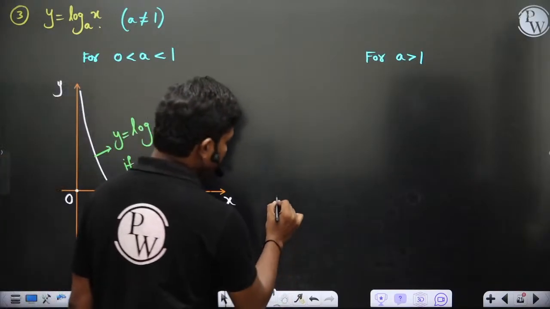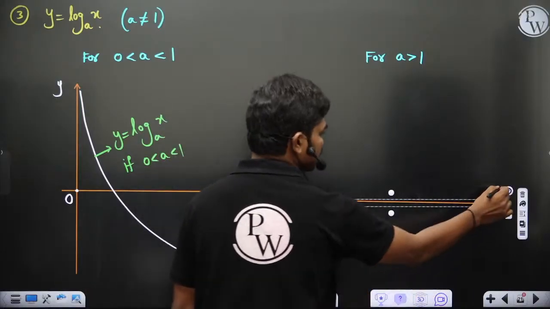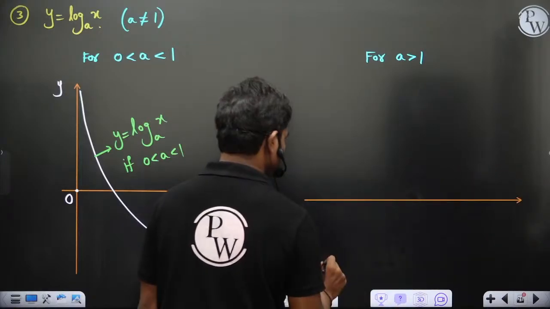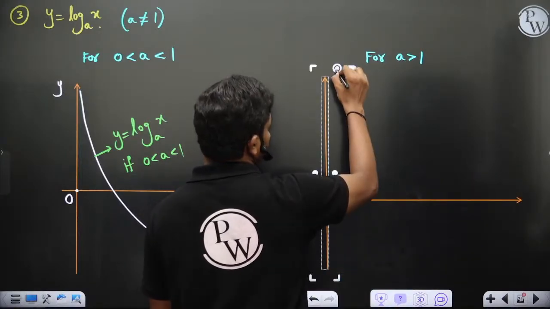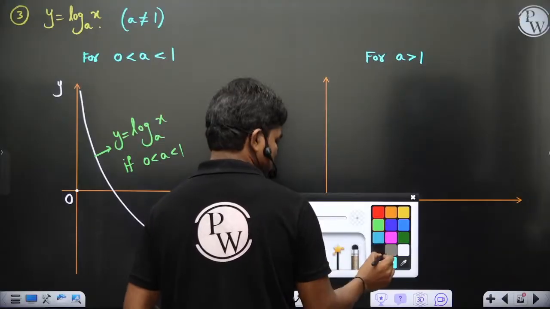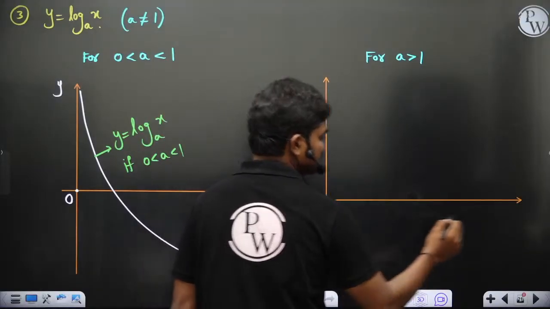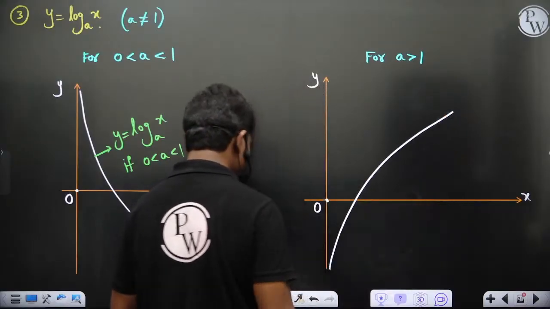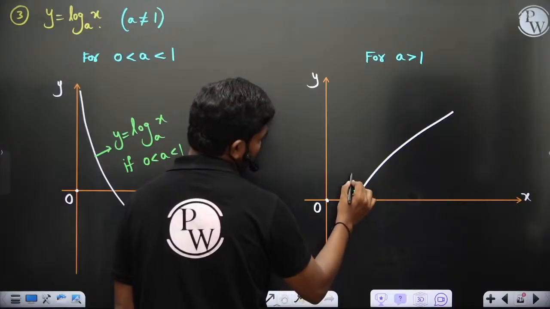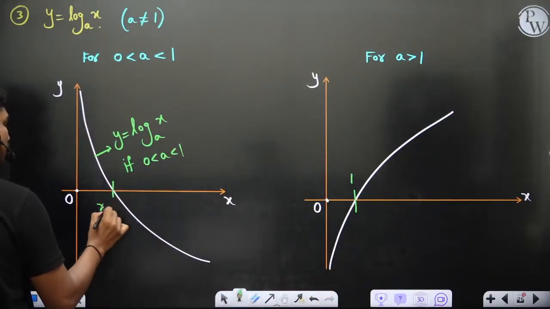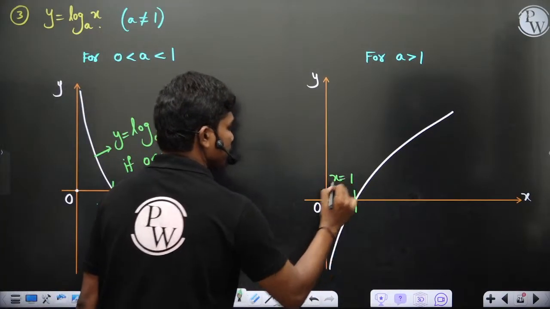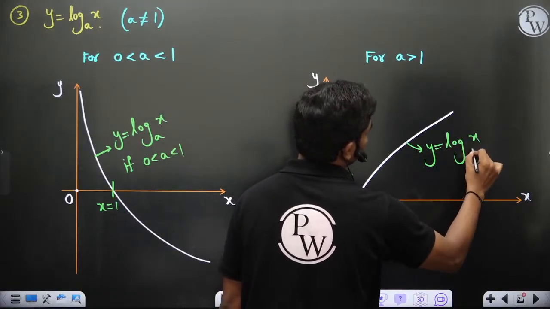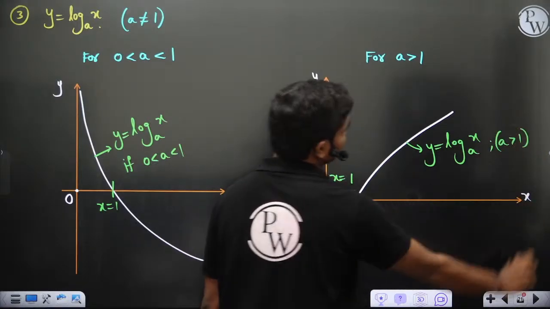And if you look at a greater than 1, from the origin, x, y, it starts from minus infinity and it goes like this. In both the cases you can observe this value is 1. So this is x equal to 1, and the graph keeps going. This is y equal to log x to the base a if a is greater than 1. Clear? These are the two graphs.